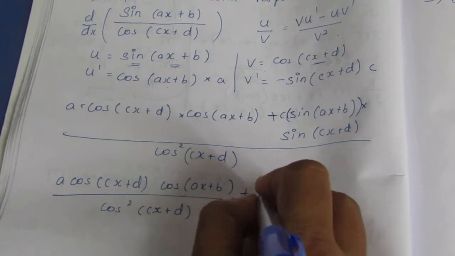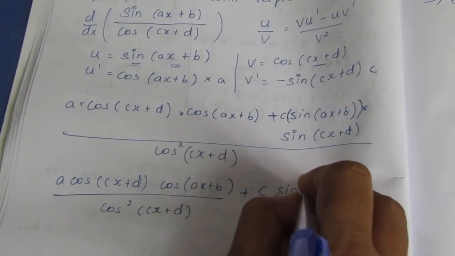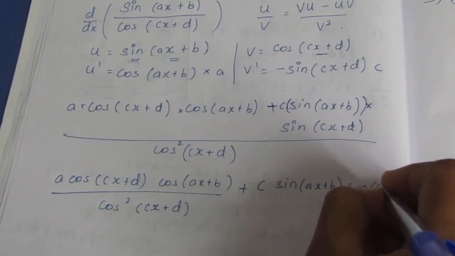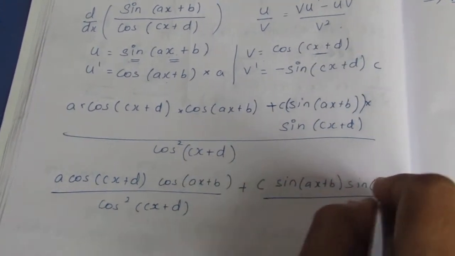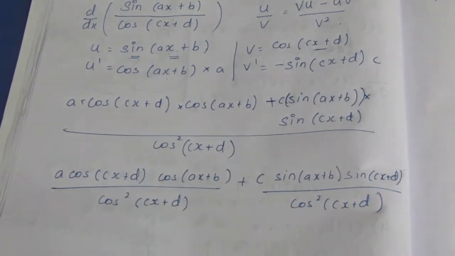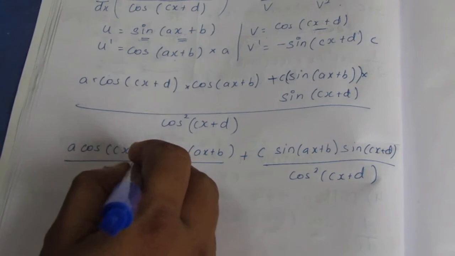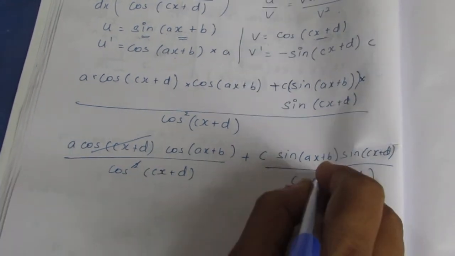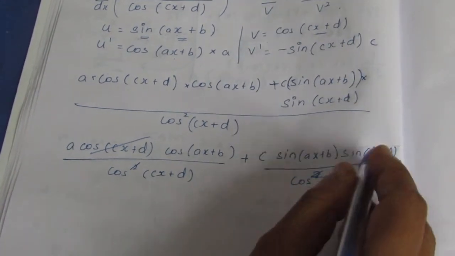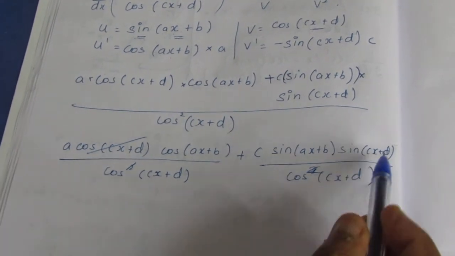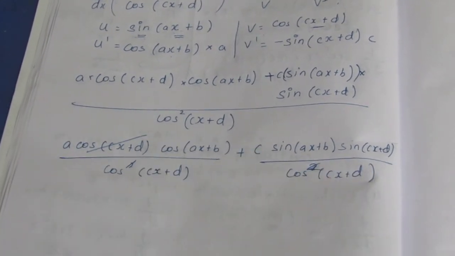Similarly, plus c into sin(ax+b) into sin(cx+d) by cos square(cx+d). Here one cos(cx+d) and another cos(cx+d) get cancelled in both the numerator and denominator. Same way here also we can't cancel this because we don't have cos on the numerator. This is the angle, so we can't cancel.